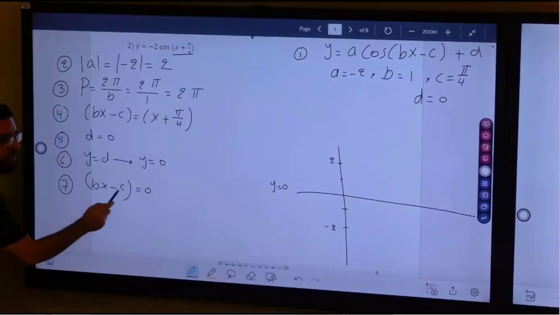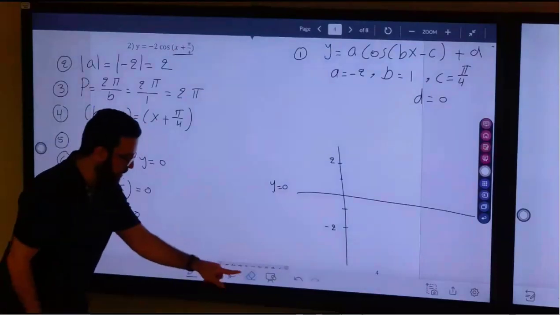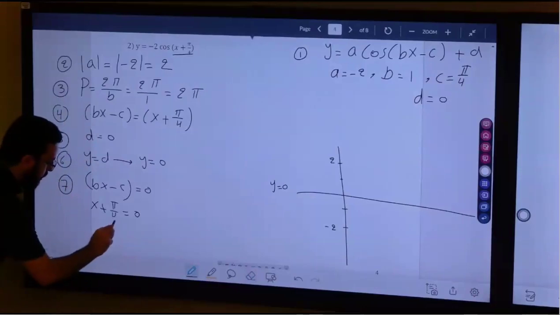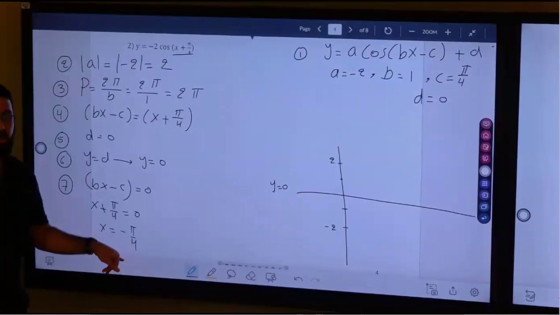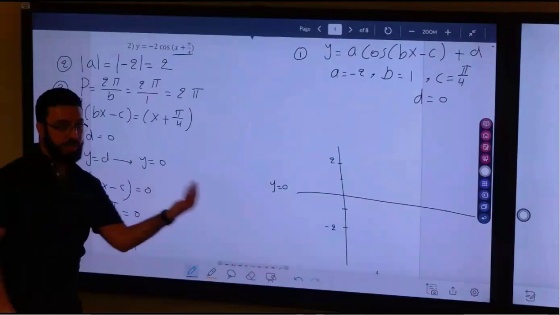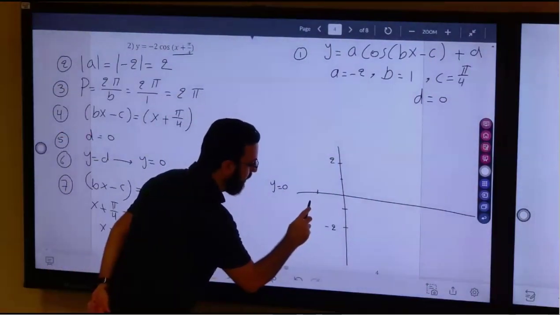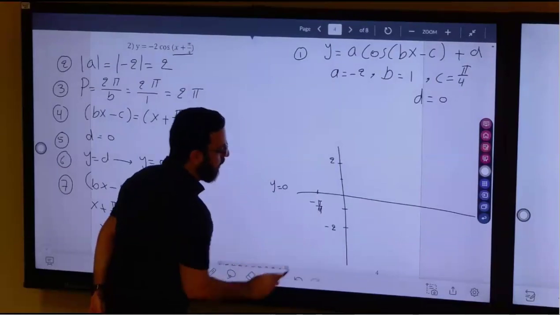So x plus pi over 4 equals 0, and x equals negative pi over 4. So check where is the start point. That's the start point, negative pi over 4.